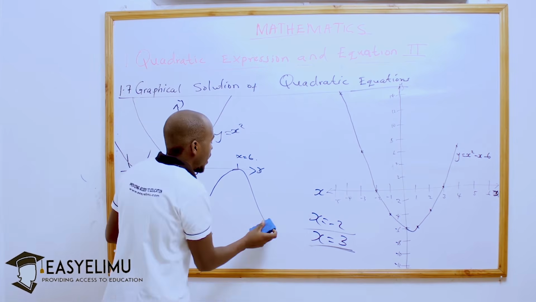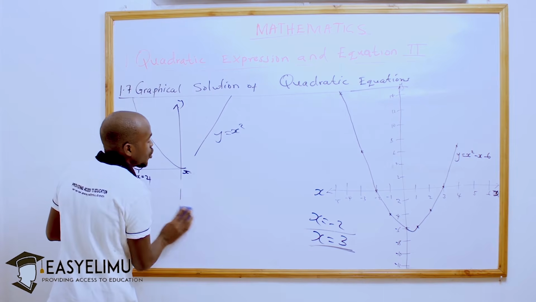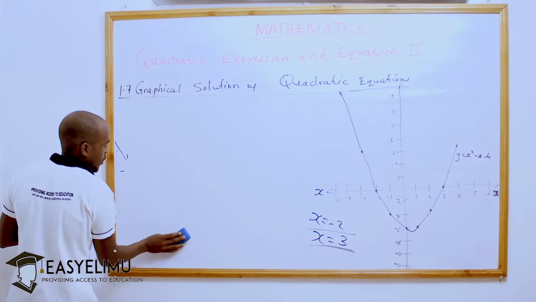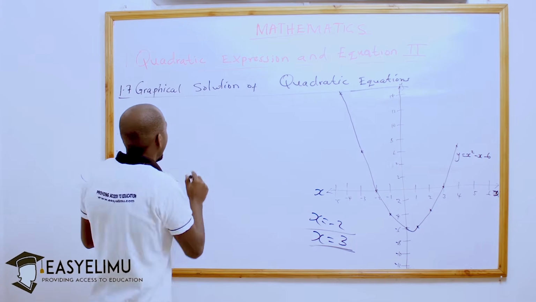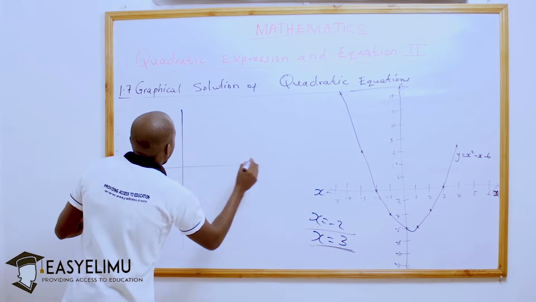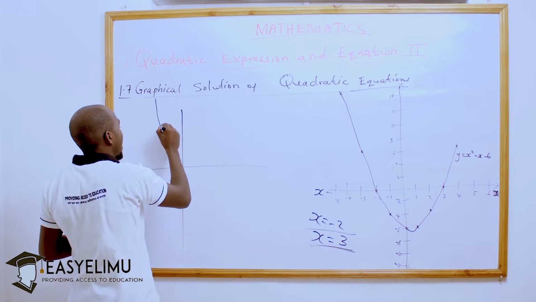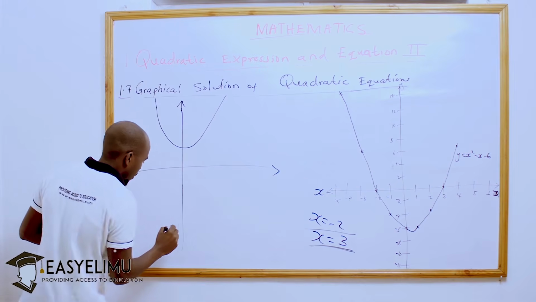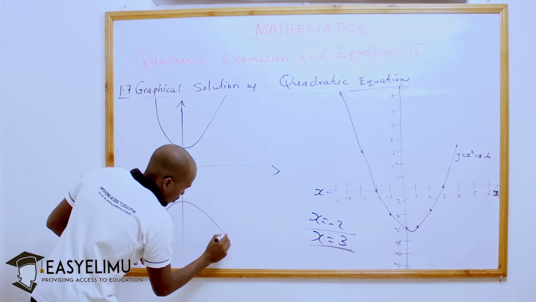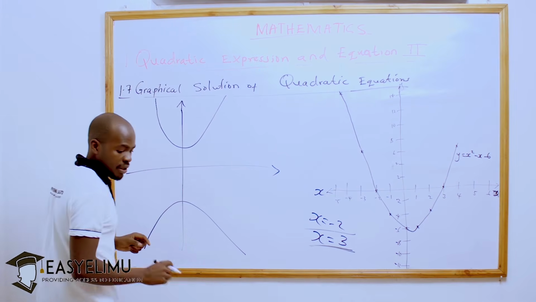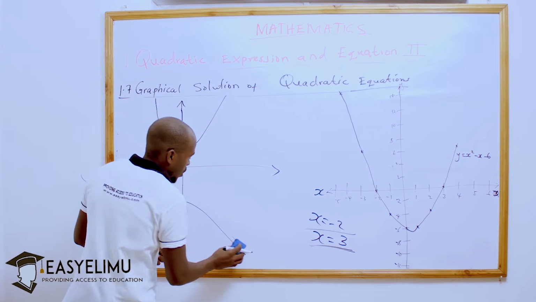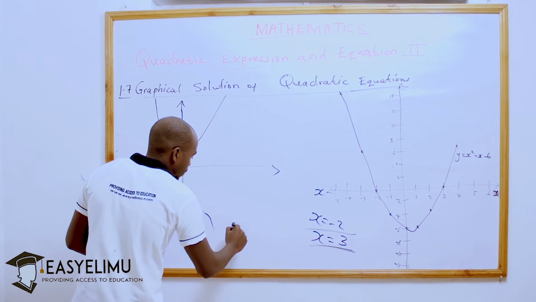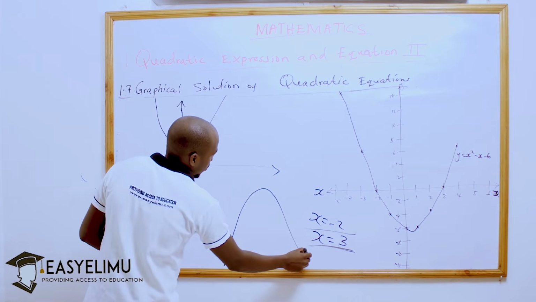And if you have drawn a graph of a quadratic function and you find that it doesn't cut the x-axis at any point, it may be that way, or the graph may even come from the downward path and then go back.